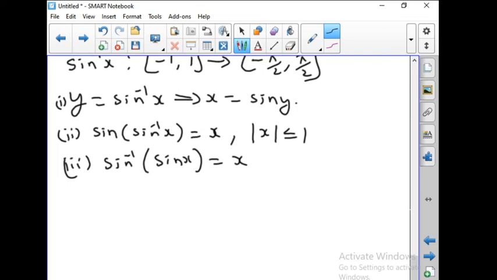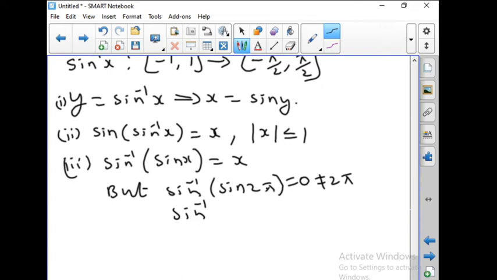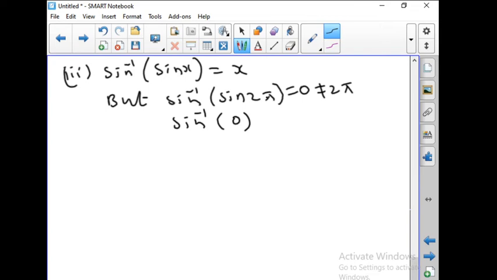But remember that sine inverse of sine 2 pi is 0. It is not equal to 2 pi because sine 2 pi is 0. Sine n pi in general is 0. So sine 2 pi is 0, so sine inverse of 0 becomes 0.